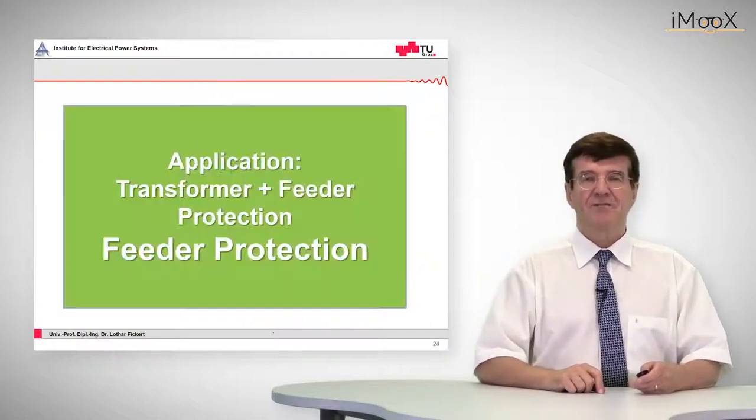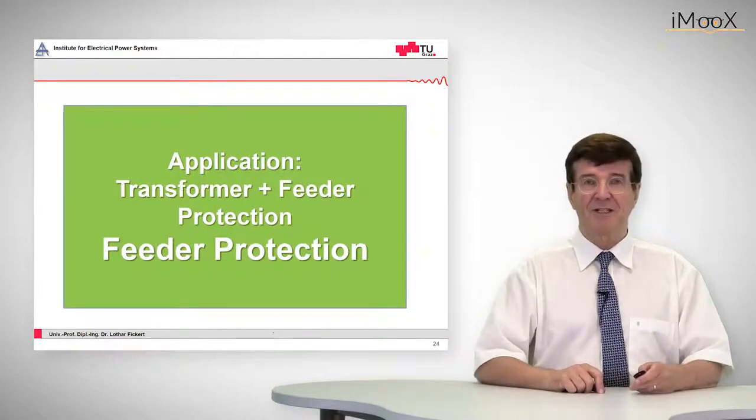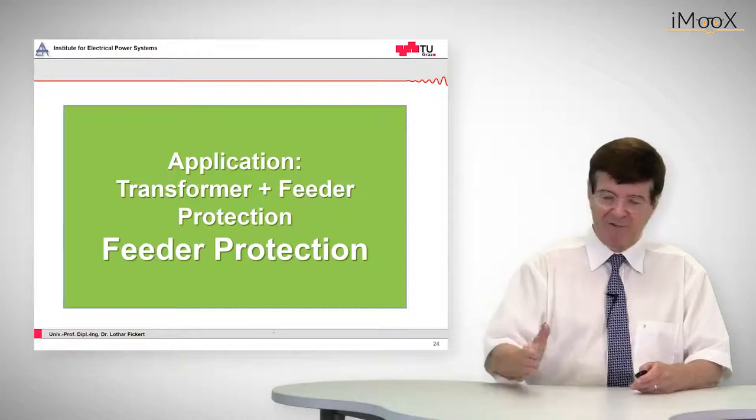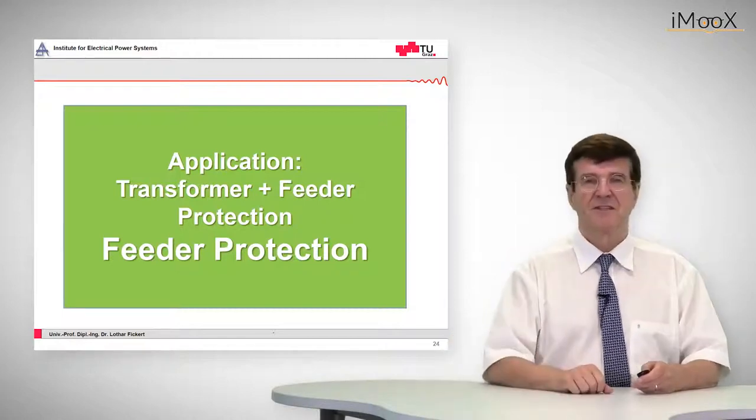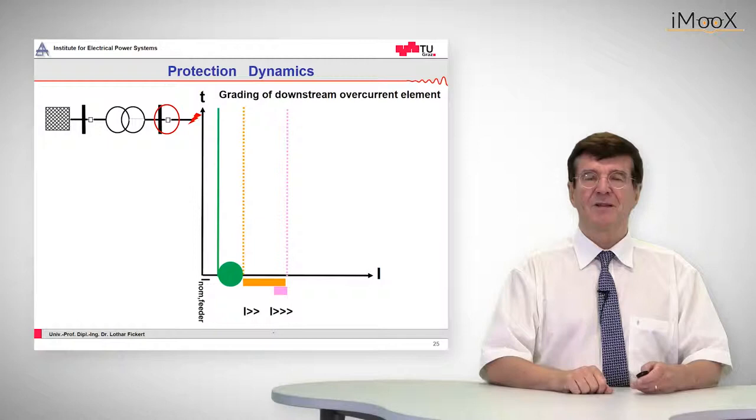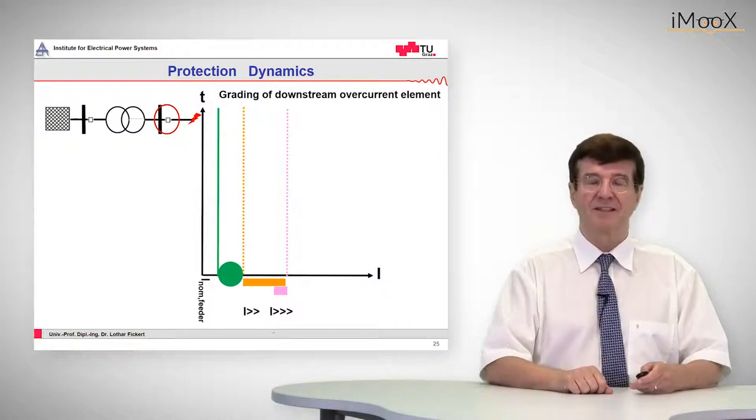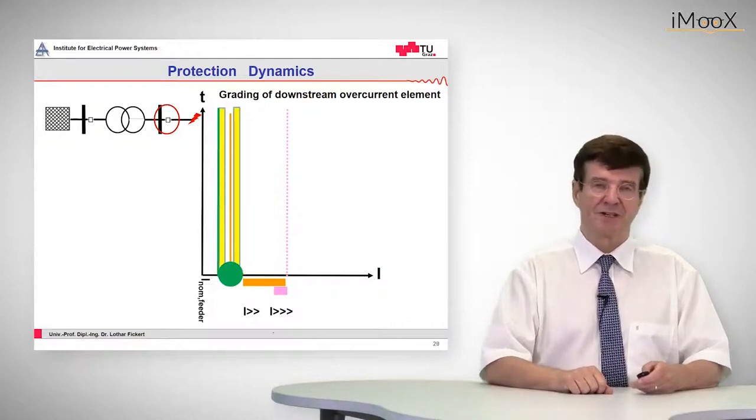The next element is the feeder protection. This is in the sense of overcurrent time grading. We must work our way up from the end towards the source. So here we have two limits. One is the nominal current of the feeder, the other one is the worst case of the lowest short circuit current, that is a short circuit at the far end of the longest feeder. So we can take a pickup value here or there, but in any case, again, we must not infringe with the safety margins.